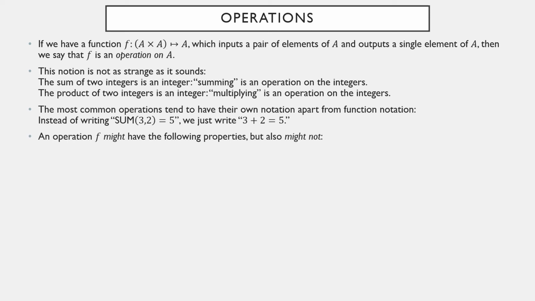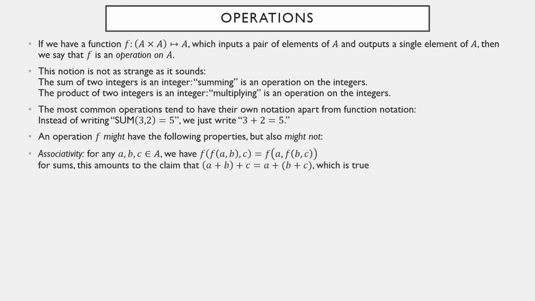Now operations like summing or taking products or others might have the following properties, but also might not. Could be associative. In function notation, it's written like this, and this looks very strange, but here's what it says. If I have 3 elements, act on the first 2. Now this is a single number. Then act on that third one.